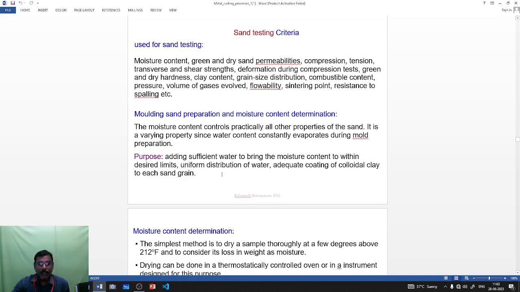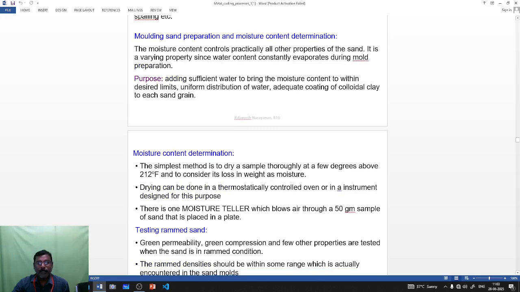For moisture content determination, the simplest method is to dry a sample thoroughly at a few degrees above 212 degrees Fahrenheit and consider the loss in weight as the moisture. Drying can be done thermostatically, in a controlled oven or in an instrument designed for this purpose.